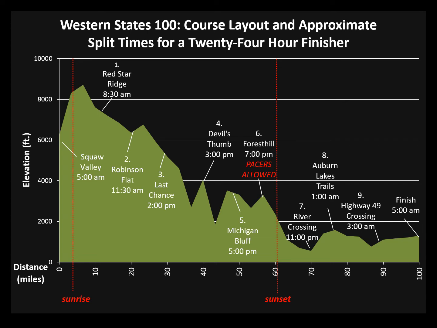And so if you introduce that idea here, where it's easily seen contextually, you can see differences in the elevation, and in the hilliness, and in the amount of sunlight, whether it's daytime or nighttime, and whether you have pacers allowed.